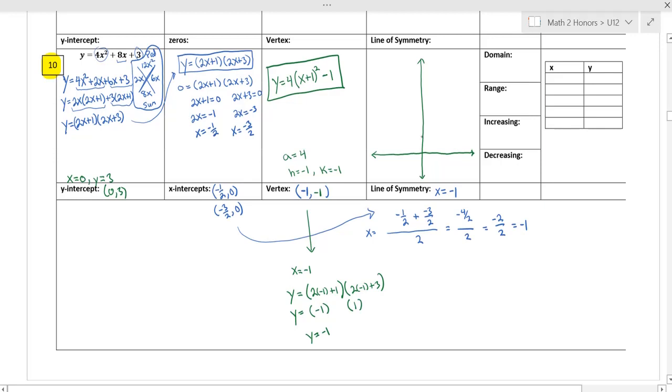So my y-intercept is at 0, 3. The axis of symmetry, the middle, is at negative 1. So this is the middle of the graph.